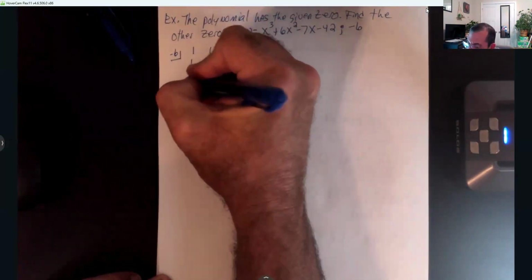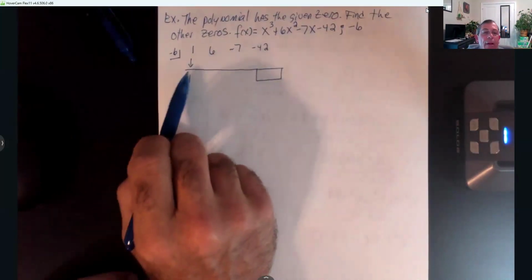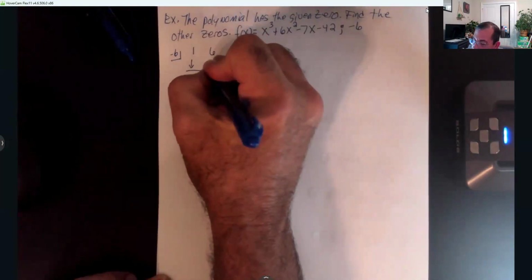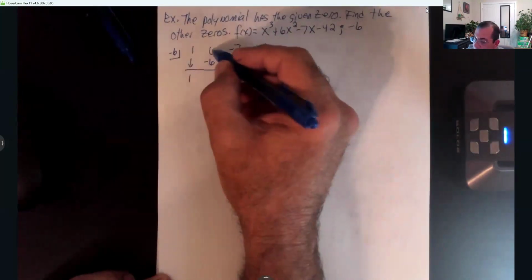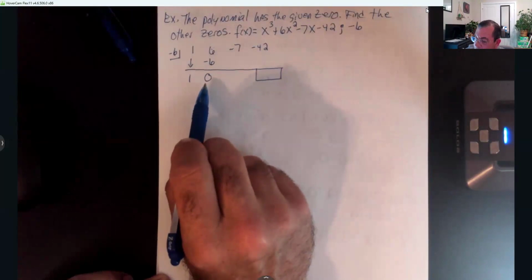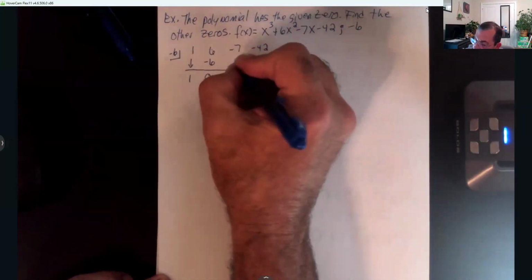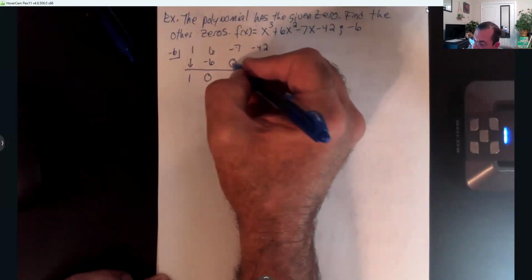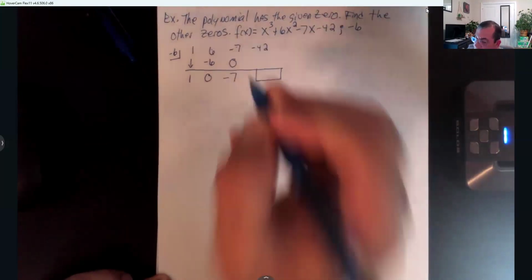Remember the first number we bring straight down. Then we're going to multiply 1 times -6. That gives us -6. -6 and 6 give me 0. 0 times -6 is 0. -7 plus 0 is -7.